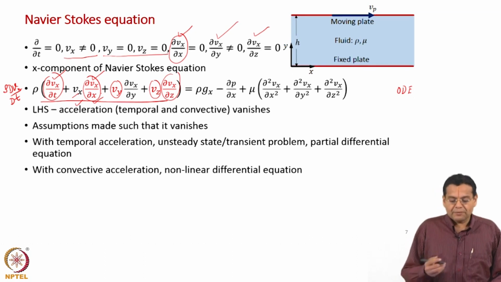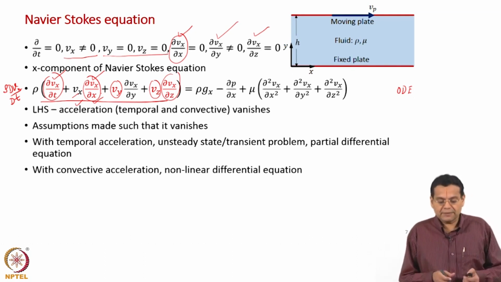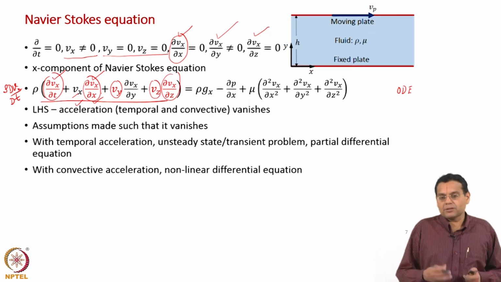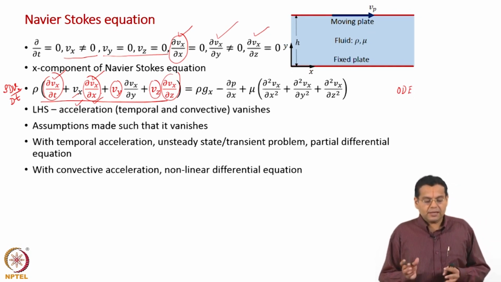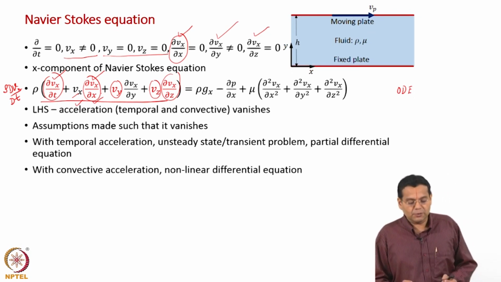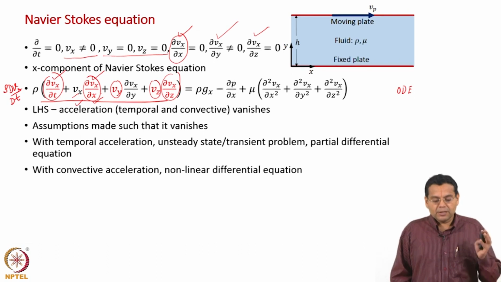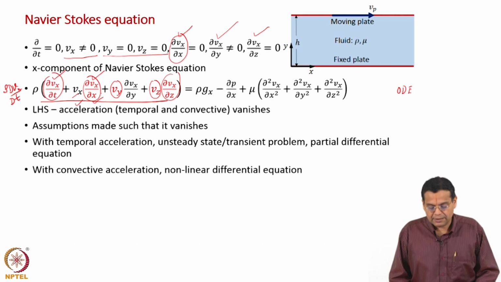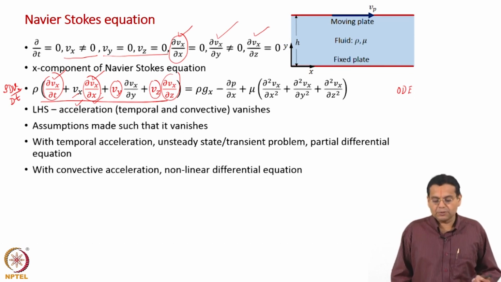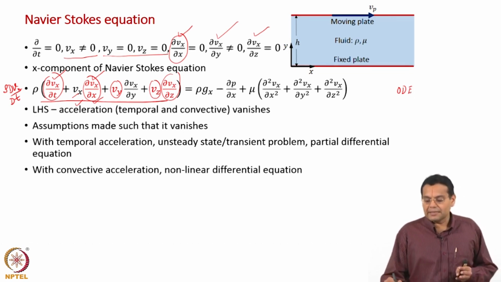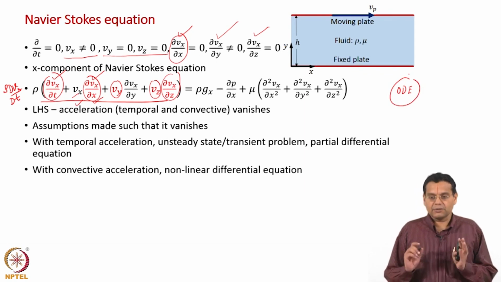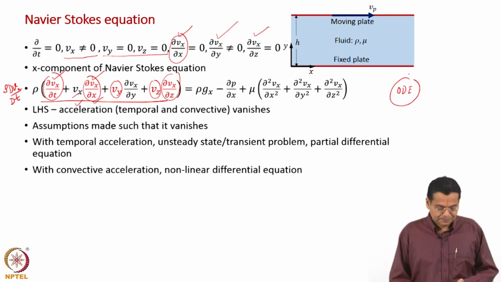That is why we made a set of assumptions in such a way that the convective acceleration also drops. Okay. So, the set of assumptions is driven by one objective for this particular problem, to make it simple: to drive both the temporal acceleration and the convective acceleration terms to 0, so that we get a linear ordinary differential equation. Okay. That is the whole idea.